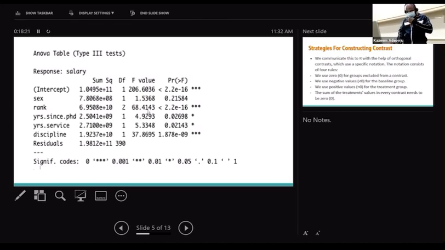And right now, the p-value is less than 0.05. Of course, we are rejecting the null hypothesis that the average salary of the workers in the cadre is the same. So they are not the same. If they are not the same, then we want to proceed to further analysis. We want to construct contrast.